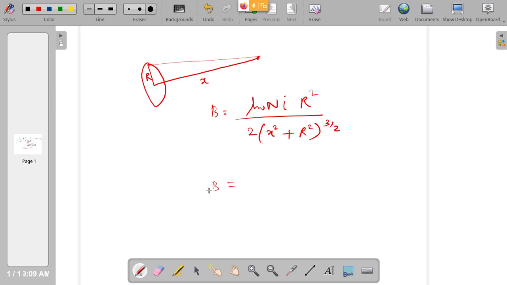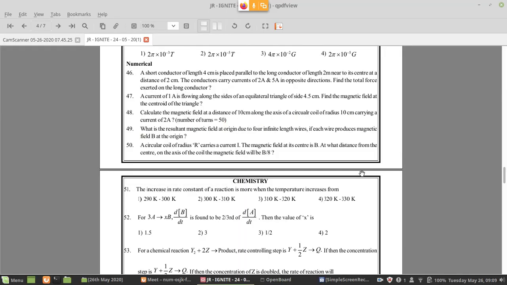All you have to do is manipulation. Those of you who cannot do that, I am just showing this again. Number of turns is given as 50. Current is given as 2 amperes.